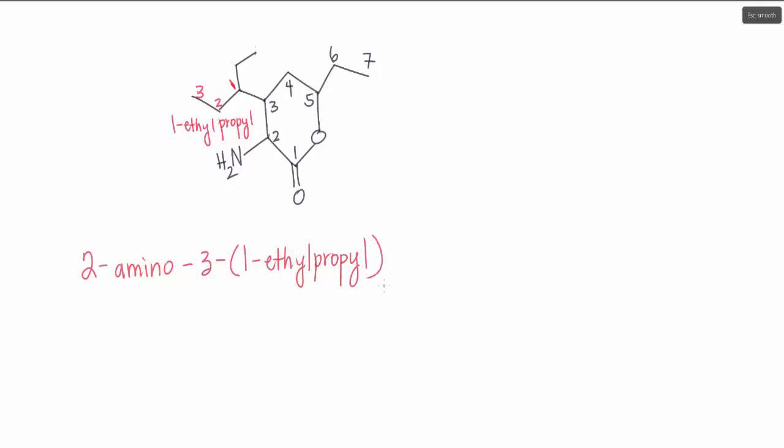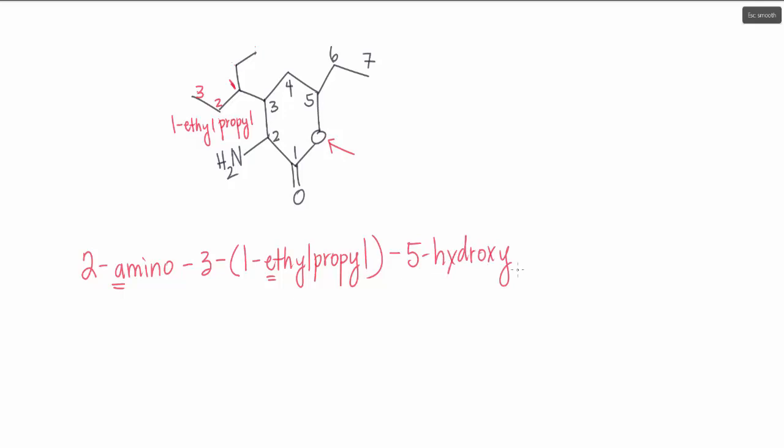Close the parentheses. And we're still going by what? Alphabetical order. Amino, ethyl propyl. Now, what's next? Do not forget about our hydroxy group. What carbon in the intramolecular ring is that hydroxy group attached to? Why, it's attached to 5. So 5-hydroxy.